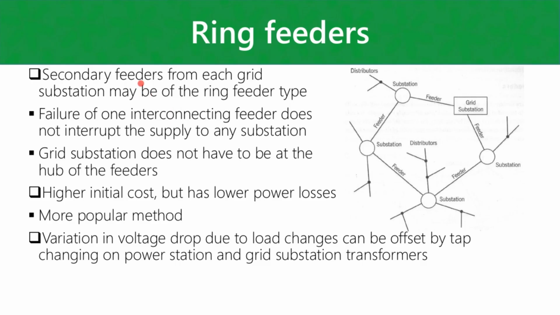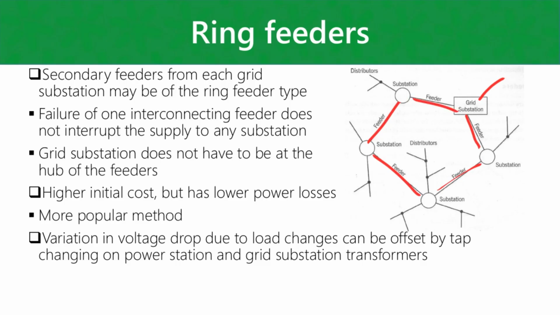Then you have a ring feeder system. You have your grid substation, and you might have your national transmission line coming in here. Instead of having the substations all branch off of the grid substation, we form a ring that the grid substation forms part of.